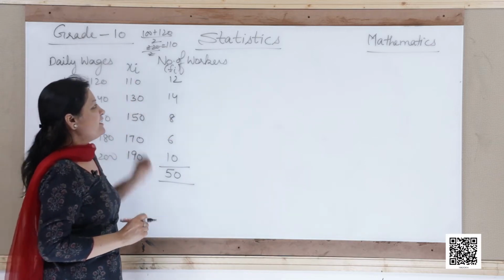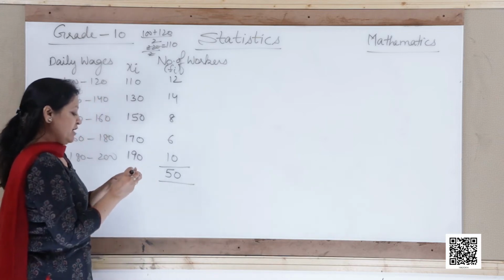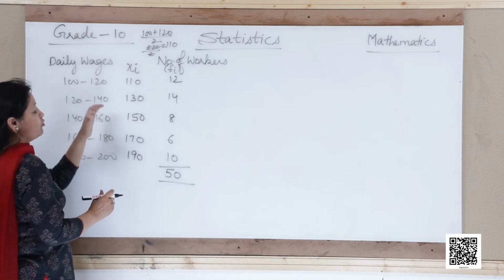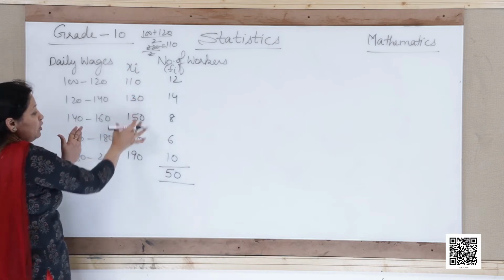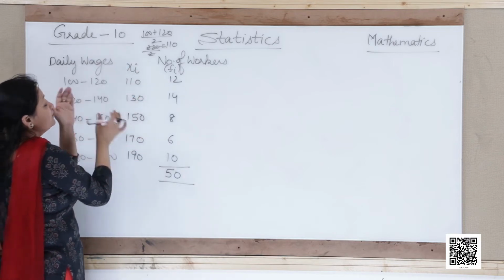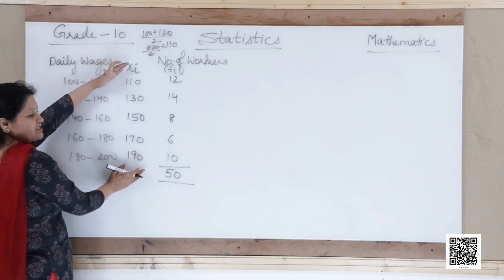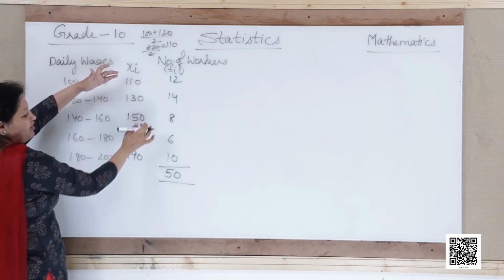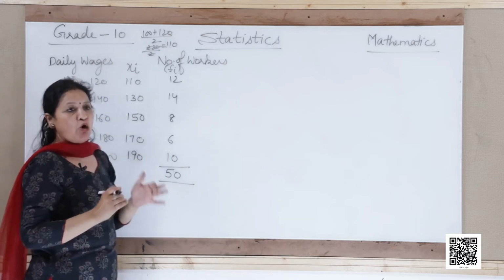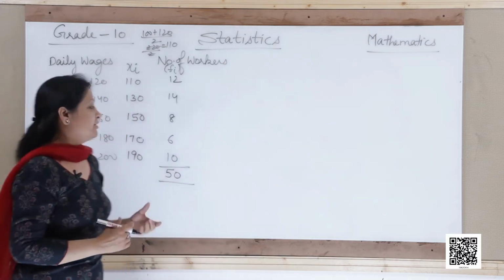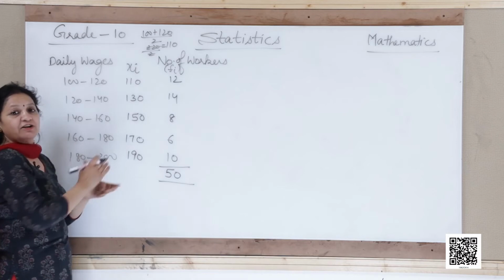So to make it easier, we can assume a mean from xi. That will be the middle value. You can check how many numbers there are in xi: 1, 2, 3, 4, 5. 5 is odd. If there are an odd number of terms, we can get exactly the center value.